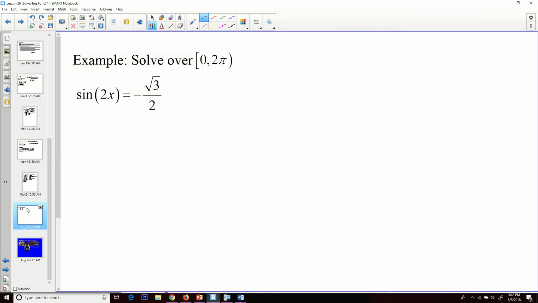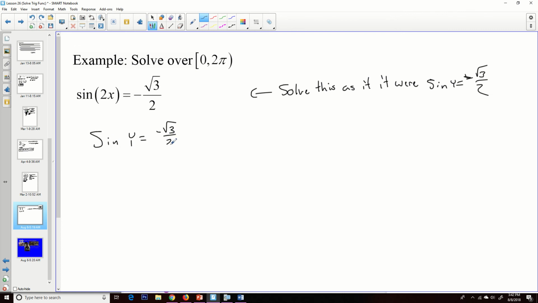This is a multiple angle formula. So I'm going to solve this as if it were sine of y equal to negative square root of 3 over 2. That actually becomes fairly easy to solve.